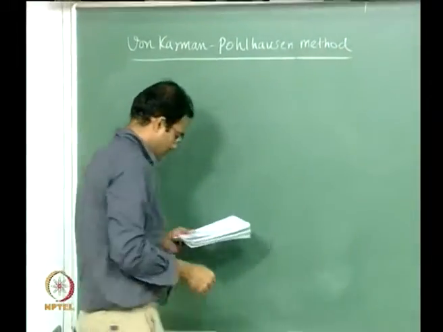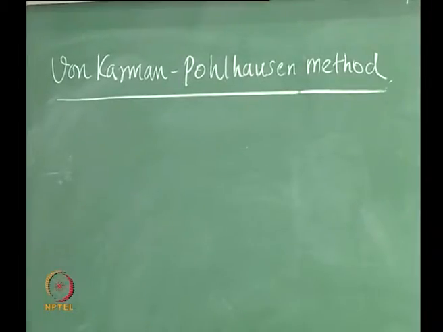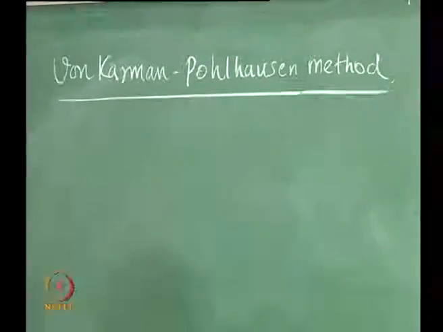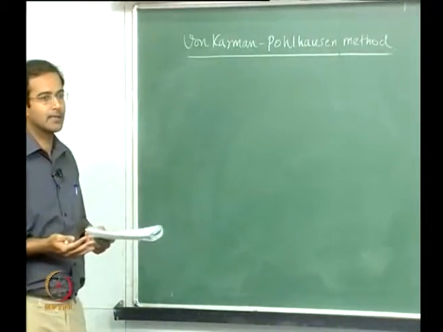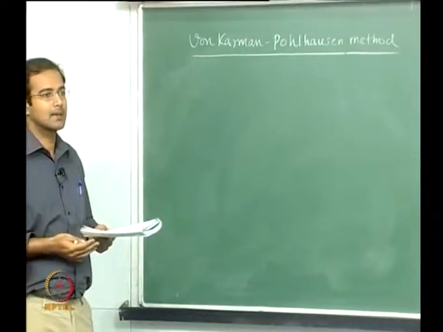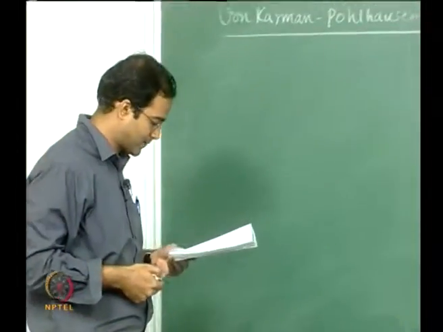This is also an extension of the boundary layer integral method, but it is applied to any general case. You can think of it as the Falkner-Skan case, but instead of a similarity solution, we are doing this by approximate methods.